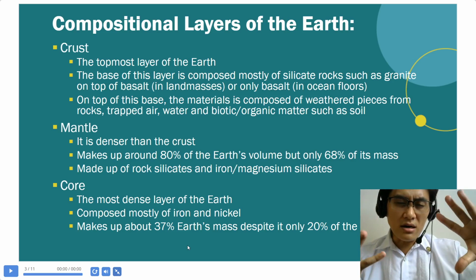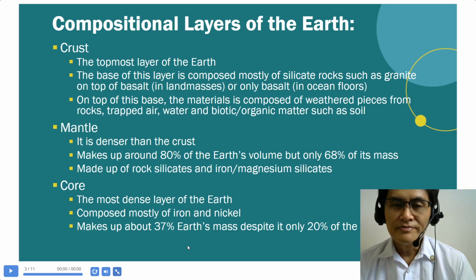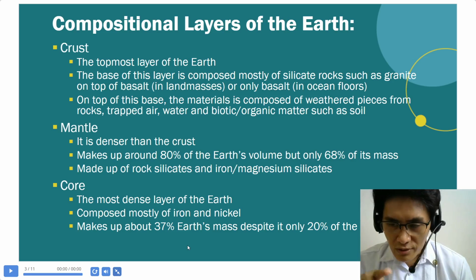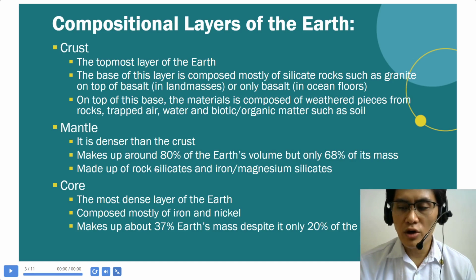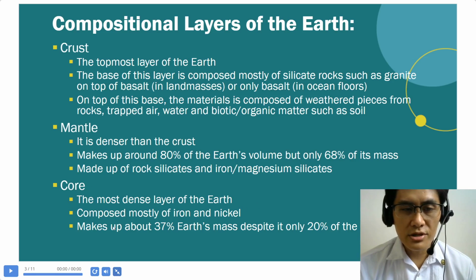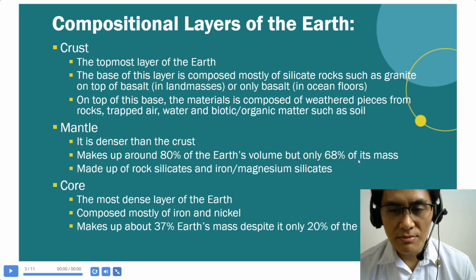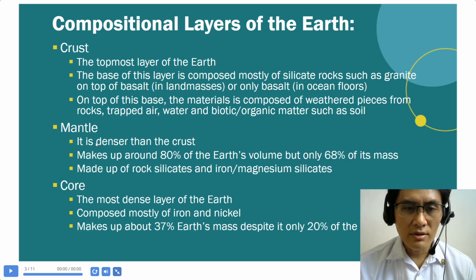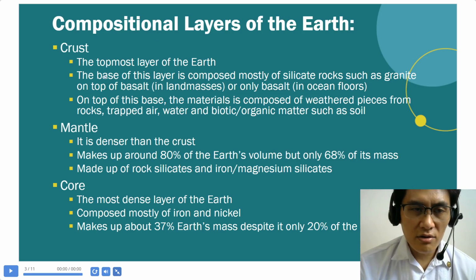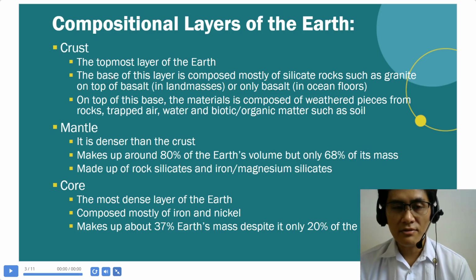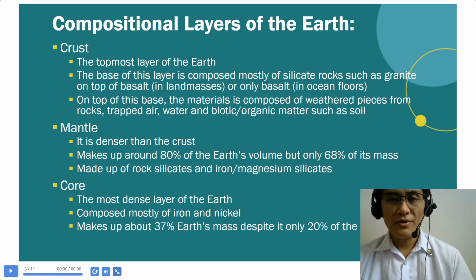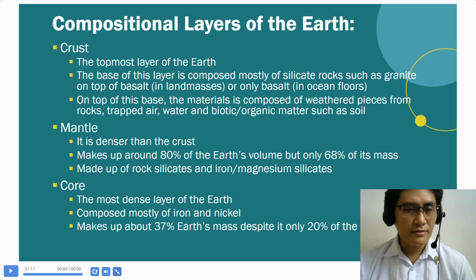So if you have a bigger mass but small volume, mass over volume, that's density. That means the core is the densest compositional layer. That's followed by the mantle, which is 68% of its mass is from the mantle. The volume is 80%. And the crust, therefore, is the lightest in terms of density of the three compositional layers.